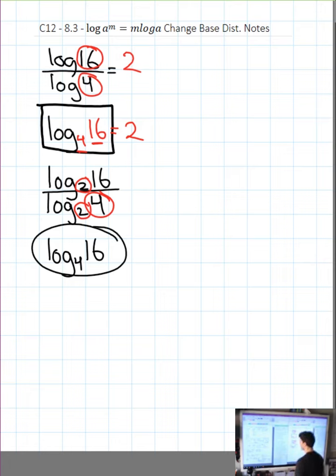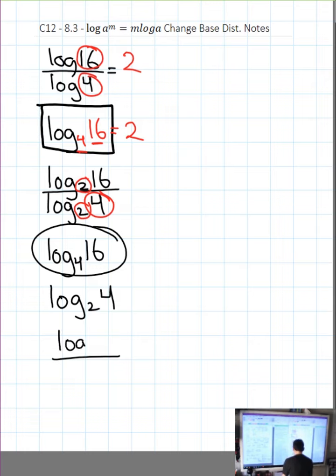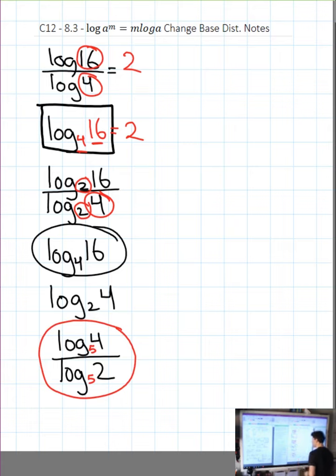So, for example, if I have log base 2 of 4 and I want to change forms, I know that that's simply log 4 on top and log 2 on the bottom. Now, for example, let's say I wanted base 5 for some reason. Well, I can choose any base that I want to. So that is change of base. That is rule number 3 on our formula sheet.